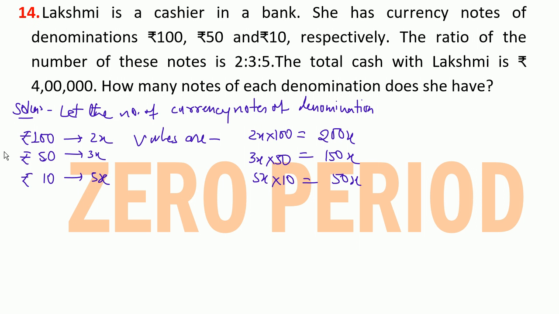So finally, the total value can be taken by using the addition of these three numbers: 200x plus 150x plus 50x is equal to 4 lakh. Now add them together, you will get 400. 200 plus 200, it is 400x, is equal to 4 lakh.